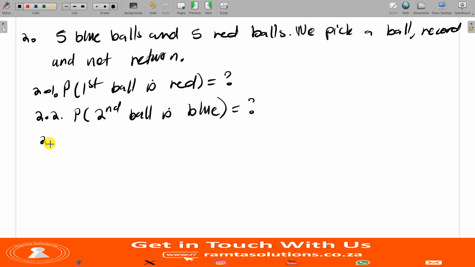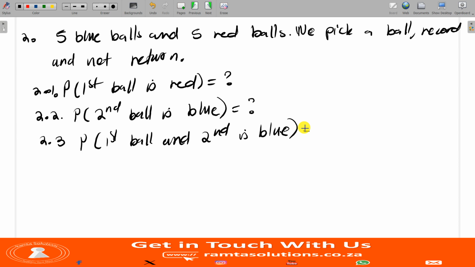Third question, what is the probability that the first ball is red and the second is blue? Then 2.4, are the events independent? So we don't have to draw that long list I drew.